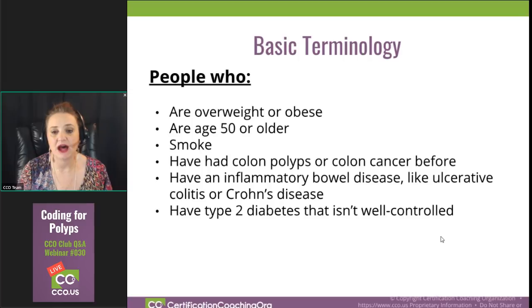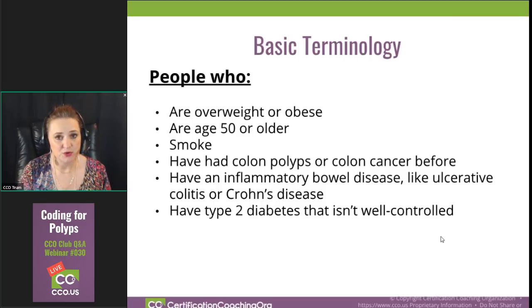If you have IBS, ulcerative colitis or Crohn's disease, that's like a constant irritation to the digestive tract. If you have type 2 diabetes and it isn't well controlled, don't confuse well controlled with a person being compliant with a diabetic regimen. It's not the same.